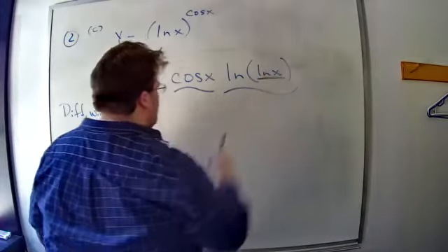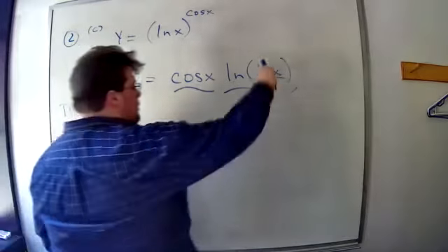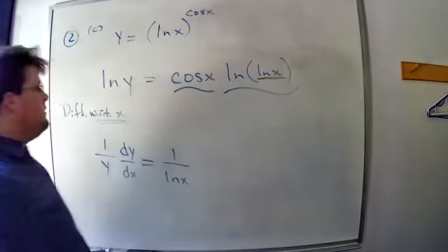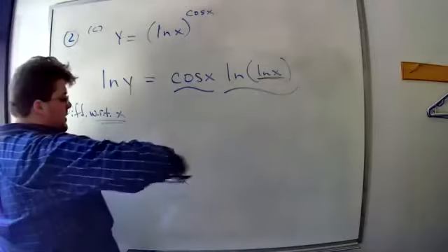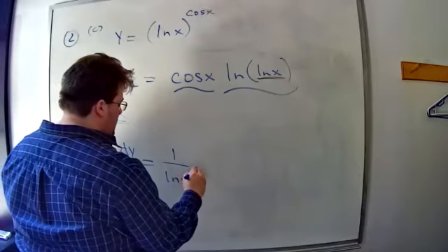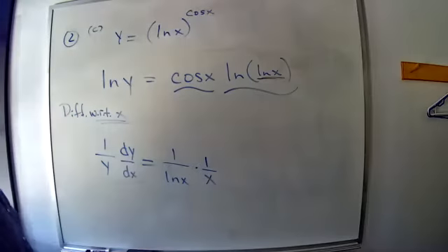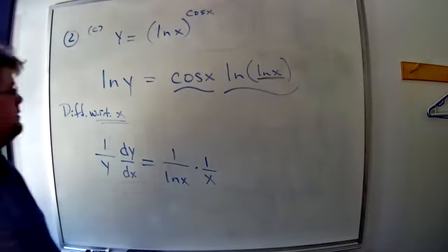is log x. You could do a u substitution here. U equals log x. 1 over the inside times derivative of the inside. Derivative of log x is 1 over x.